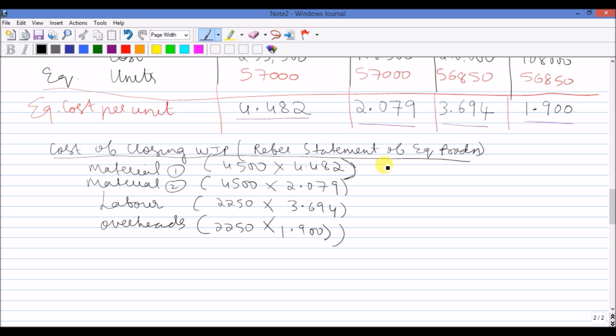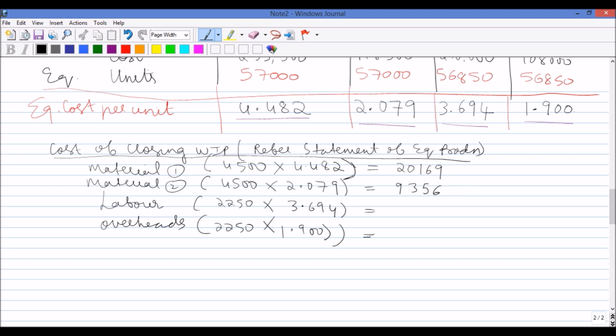This is the bracket. Okay, I'm quite exhausted since it is a long sum. 4500 into 4.482 is 20169. 4500 into 2.079, it is 9356.